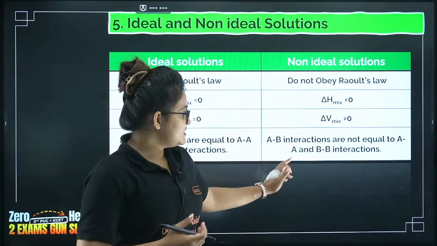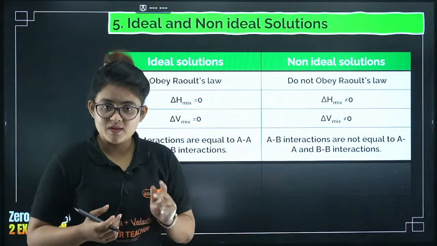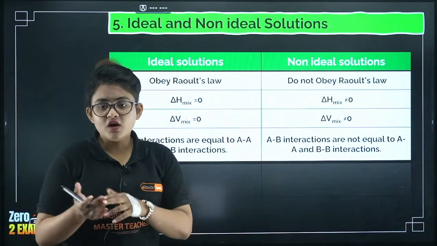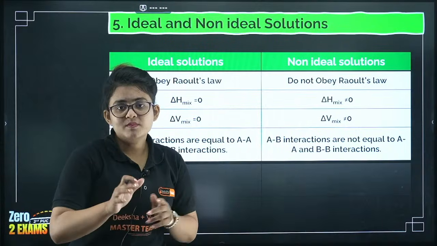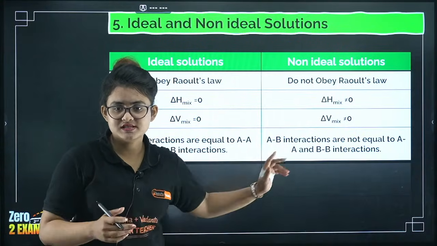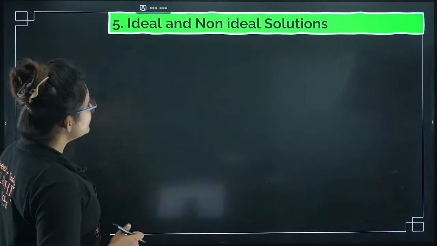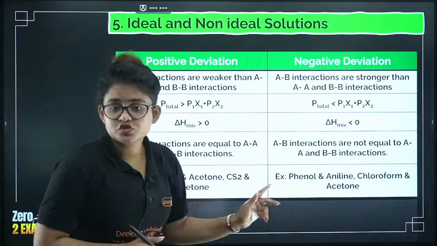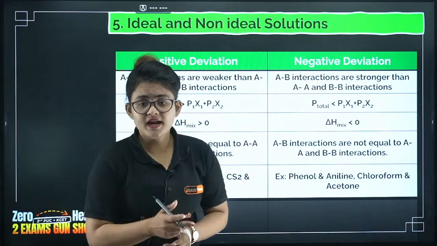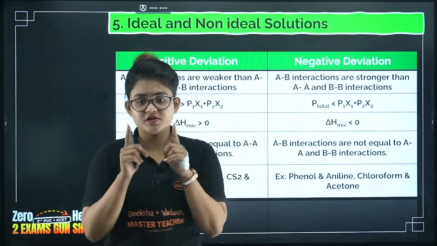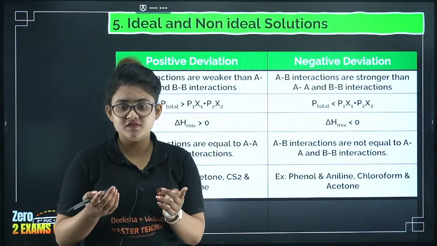Non-ideal solution: when the AB interaction is not equal to the AA and BB interaction, then in those cases you can consider it non-ideal. Now whenever it comes to the non-ideal case, as I told you, there are two parts, one is positive deviation and one is negative deviation.